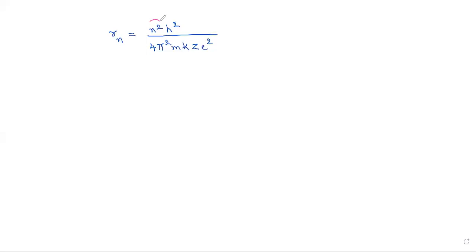Now, leaving behind the n square and Z, substituting the values of h, Planck's constant, pi, a constant, m, the mass of electron, k, which you know is 9 into 10 power 9 in SI system, or in CGS it is 1, and of course e, nothing but the charge on electron.